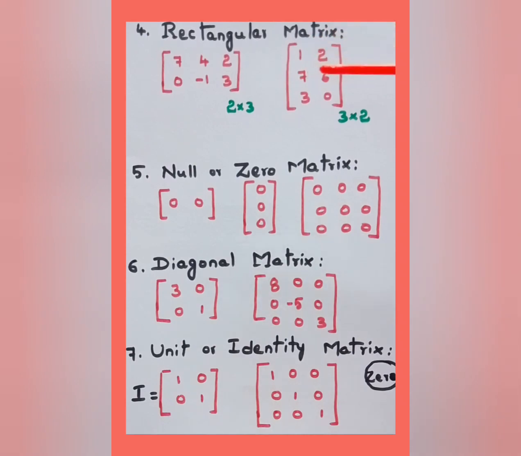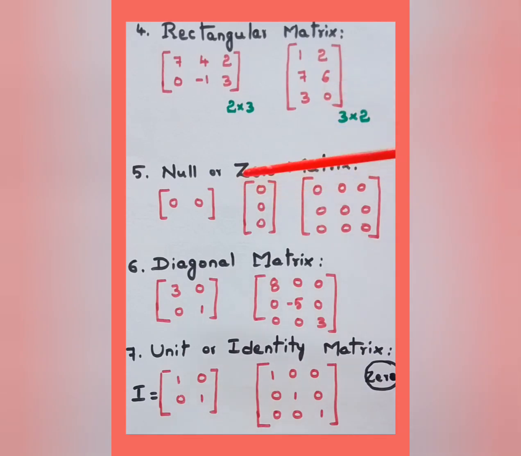A matrix in which the number of rows is not equal to the number of columns is called a rectangular matrix. In a square matrix, the number of rows will be equal to the number of columns. In a rectangle, they will not be equal. So here you see 2 rows and 3 columns. Here 3 rows and 2 columns. 2 cross 3 and 3 cross 2. So this is an example of a rectangular matrix.